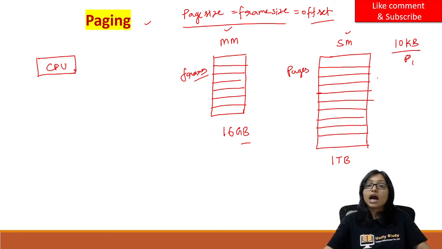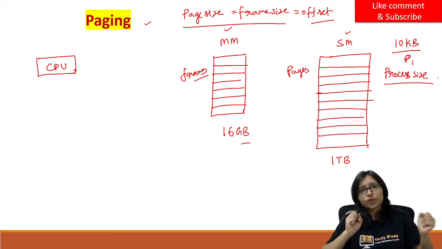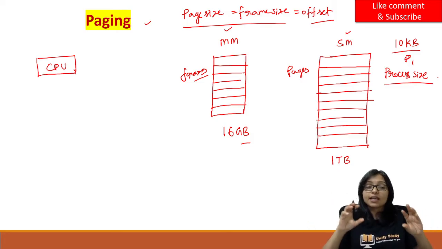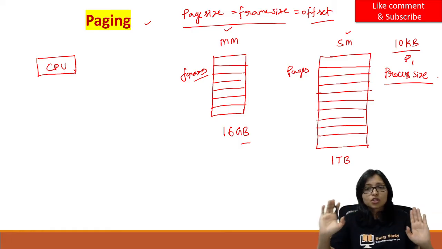Now the thing is, how many pages will be there and how many frames will be there? See, how many pages there will be depends on the process size, because each and every process we divide into some pages. In your hard disk lots of programs are there, so we think about each process separately.